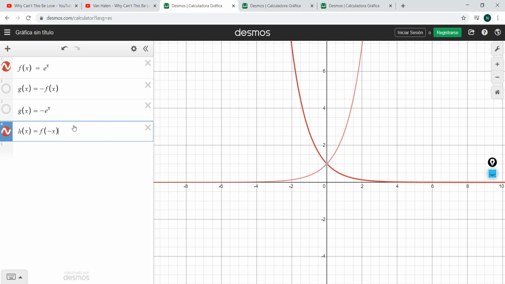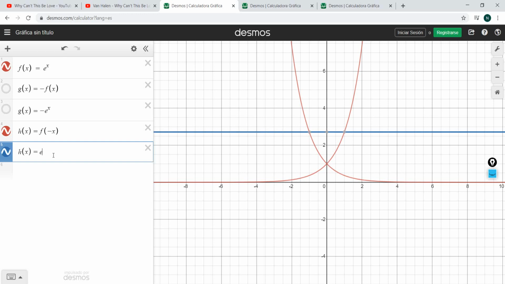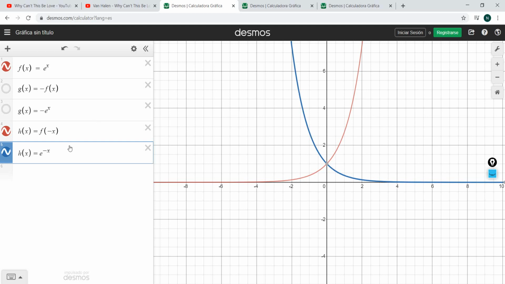And I can also do the same thing I did before. I can write the whole expression. If h of x is equal to f of minus x, then that means that h of x is equal to e to the minus x. You see, it's the same. This and this are exactly the same expressions, and we get the same graph, of course.